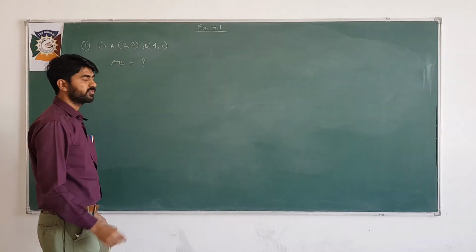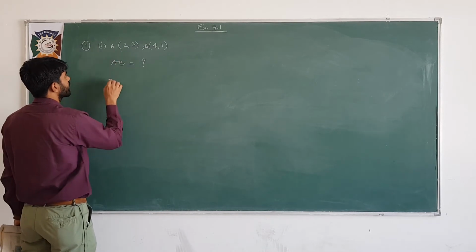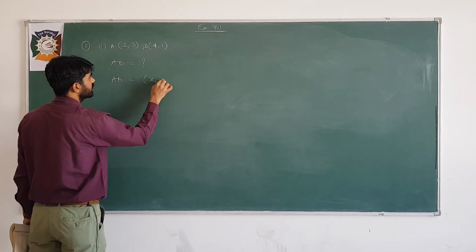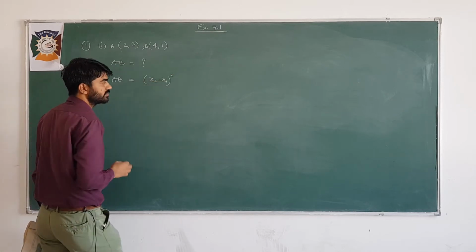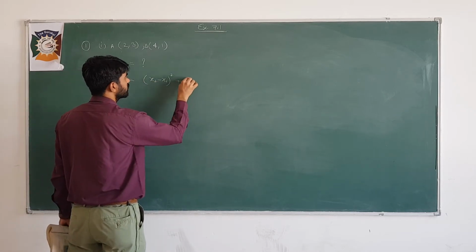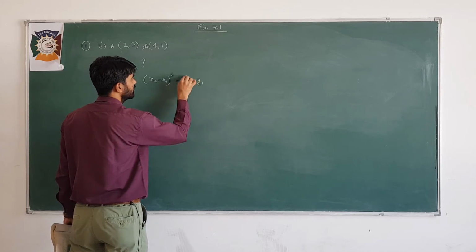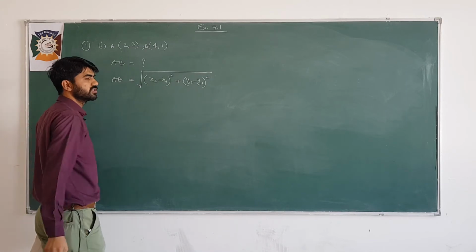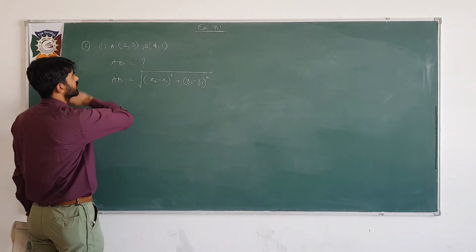So for that we have a formula that AB is equal to x2 minus x1 whole square plus y2 minus y1 whole square and whole under the root. This is the formula. Now what is x1 and x2 here?